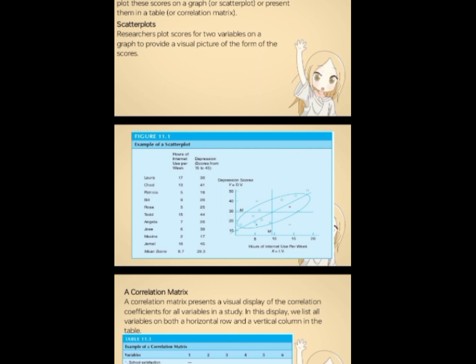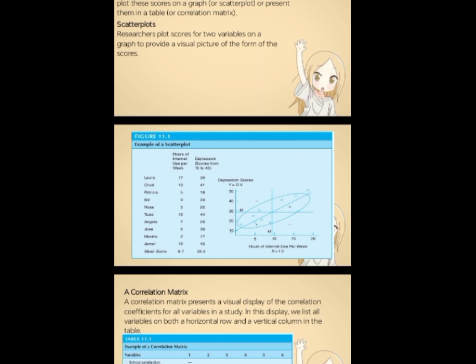So the next is correlation matrix. Correlation researchers typically display correlation coefficients in a matrix. So a correlation matrix presents a visual display of the correlation coefficients for all variables in a study.